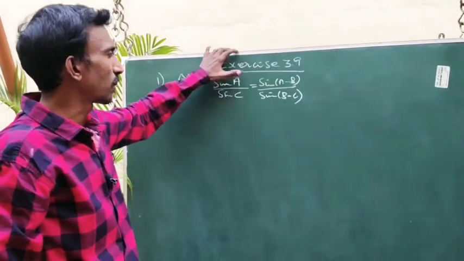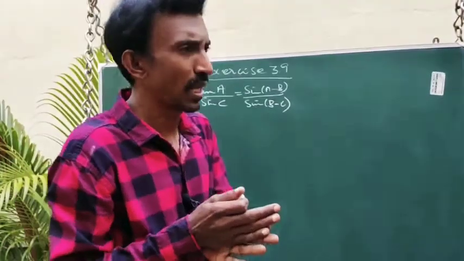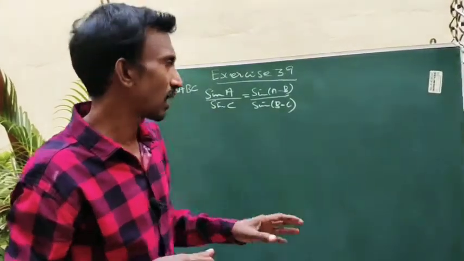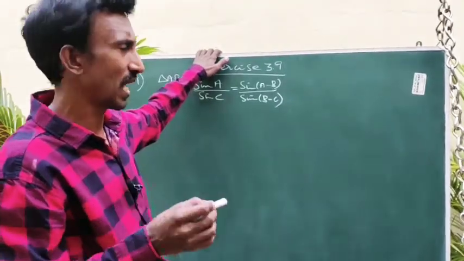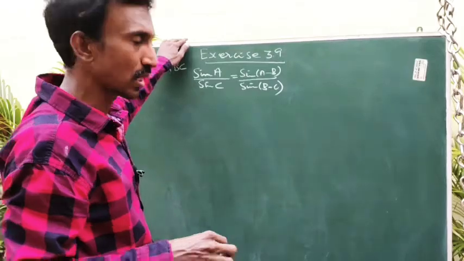We are going to solve the problems in exercise 3.9. Simply we are going to apply the sine formula, cosine formula, Napier's, Heron's, etc. That means all the formulas we studied under the topic properties of triangle. Most probably we are going to use the sine formula and cosine formula.